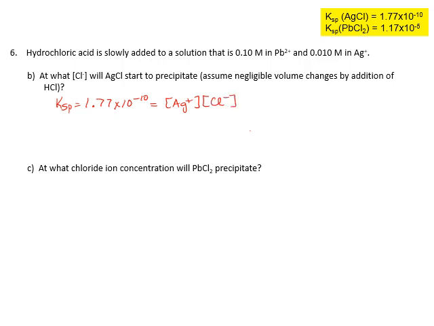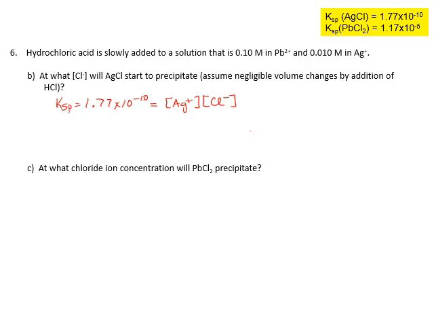Again, remember that KSP represents a saturated solution. So when the concentrations are less than that value, you won't get precipitate. We're actually looking for what chloride concentration would just give us precipitation. In other words, would just get us to saturation.